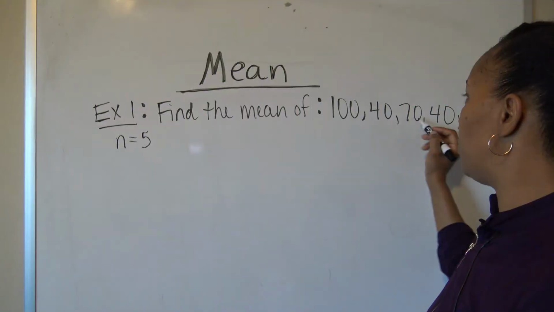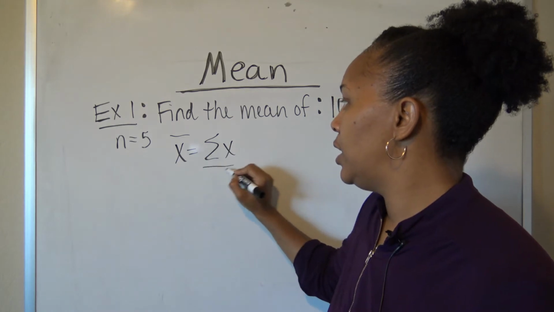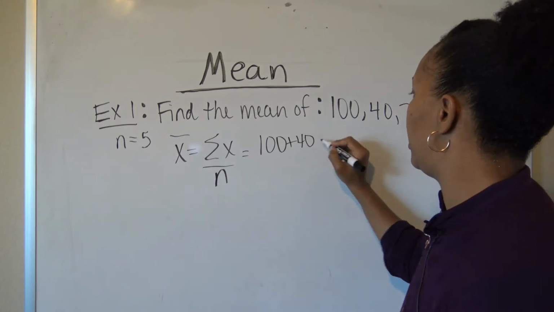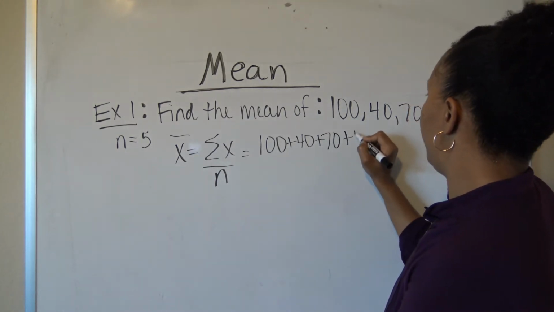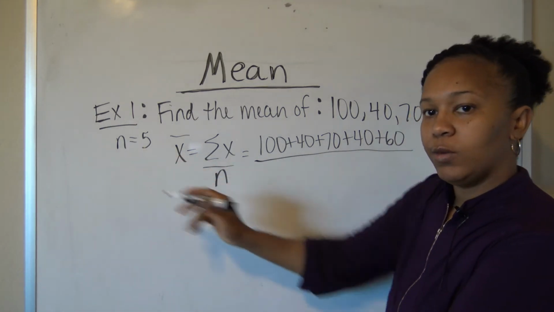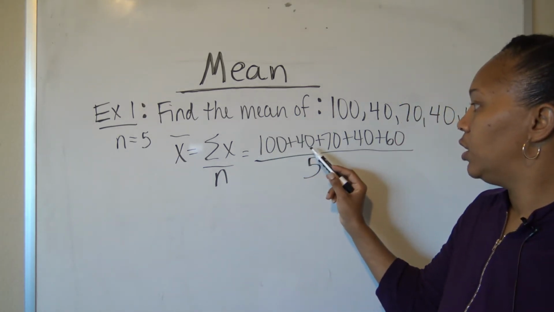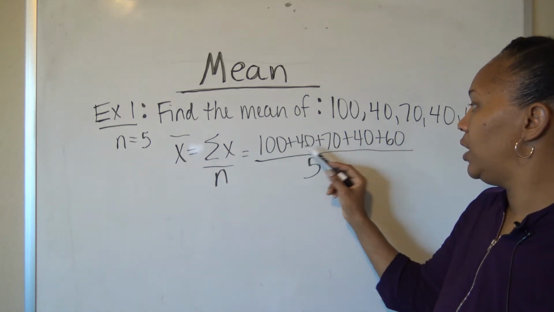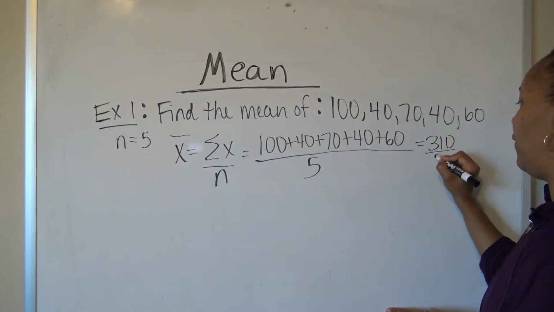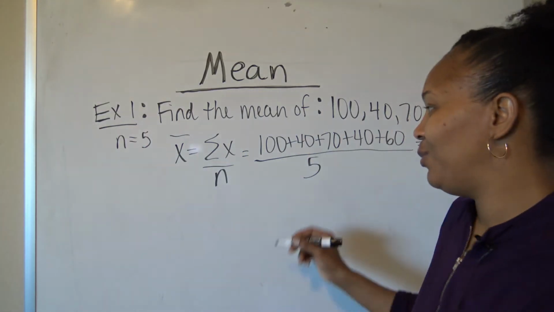Each of these numbers represents an X. To find the mean, X bar, remember we take the sum of all X divided by N. The sum of all X will be 100 plus 40 plus 70 plus 40 plus 60, and then you divide by 5, because that's how many numbers you have. If you add up 100 plus 40 plus 70, that's 210, plus 40 plus 60, that's 310. You get 310 divided by 5, and if you divide that out, you get 62.